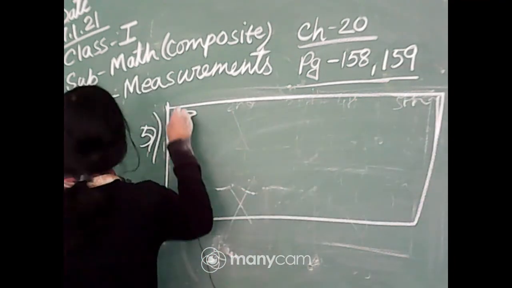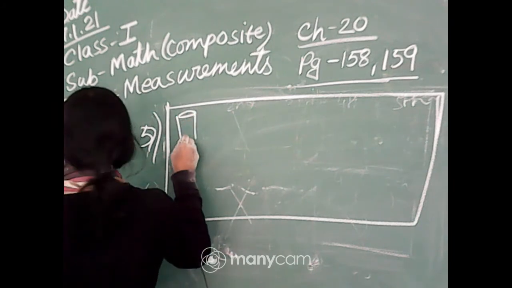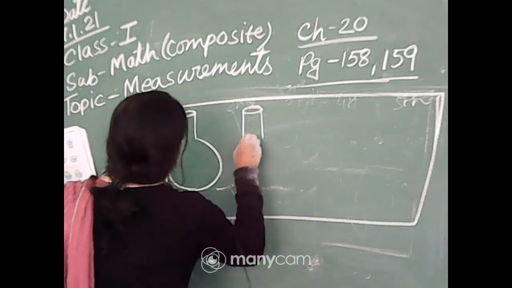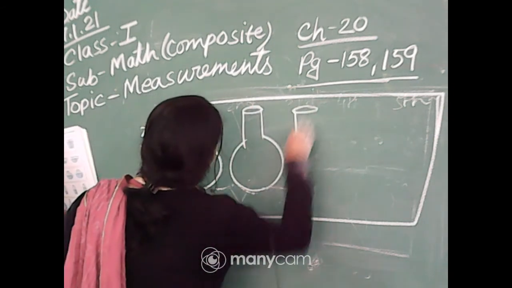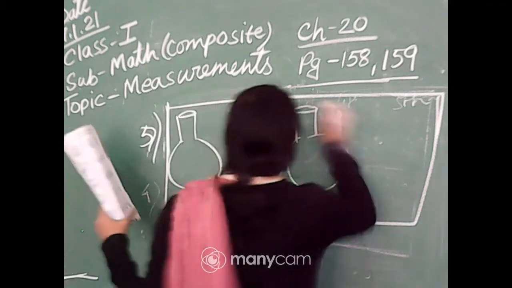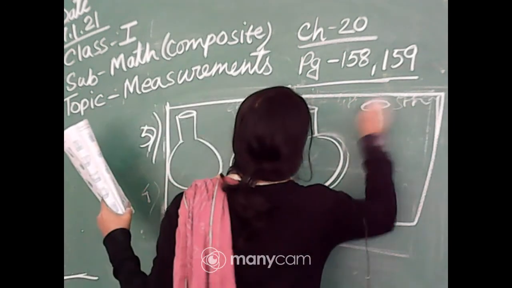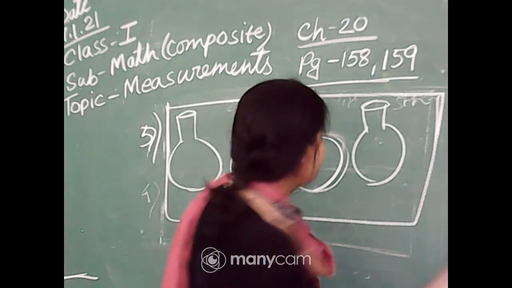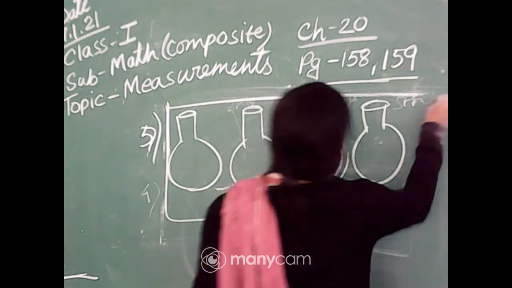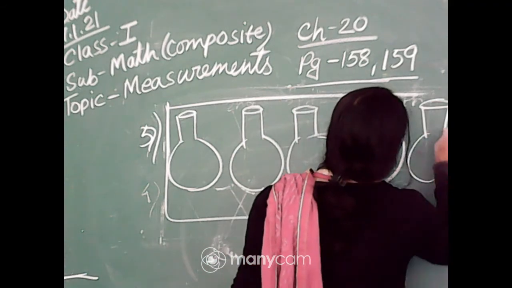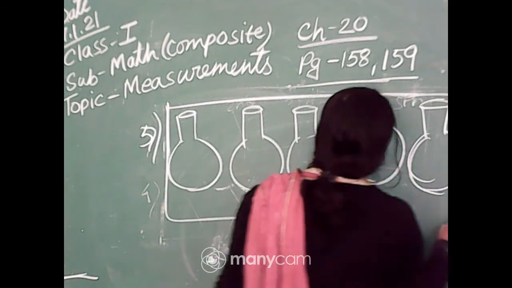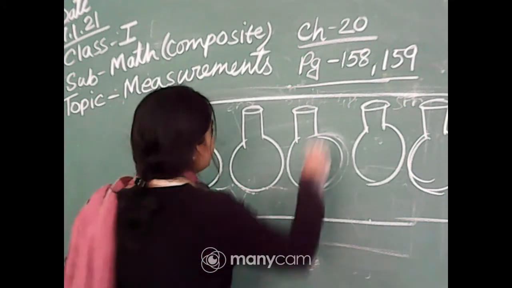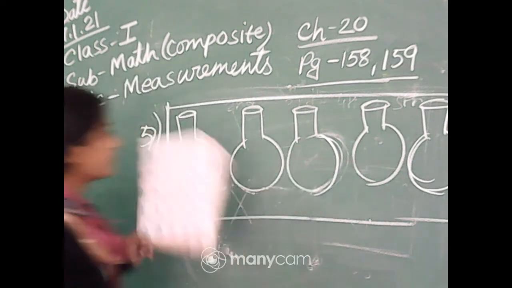The first container, this is the second container, this is the third container, this is the fourth container, and this is the fifth container. All the quantity measured is same. All the quantity holds the same water if you fill it.